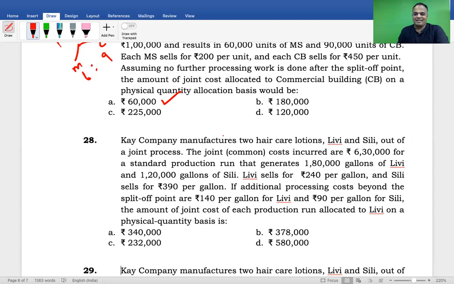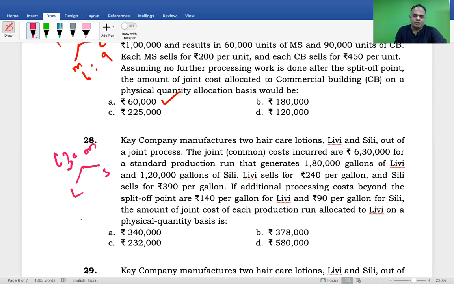Physical unit only. Okay, how much is the total joint cost? 6,30,000. That 6,30,000 we have to apportion between what and what? Livy and Silly. What ratio? Physical unit only. Total is 3 lakh; 180,000 for Livy, am I right?